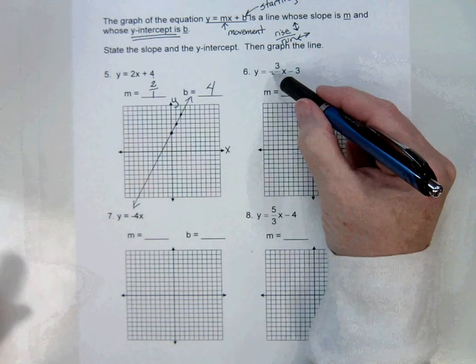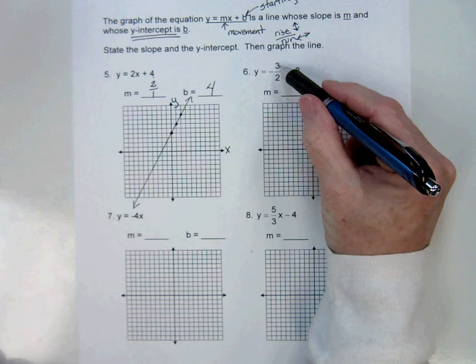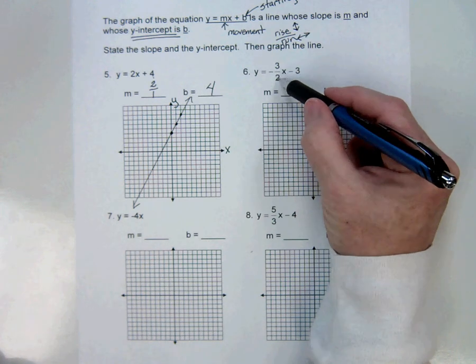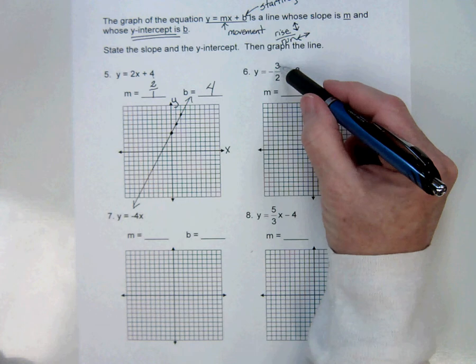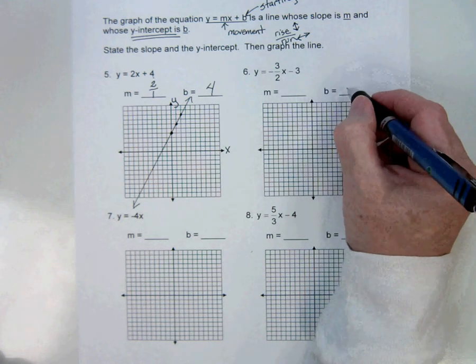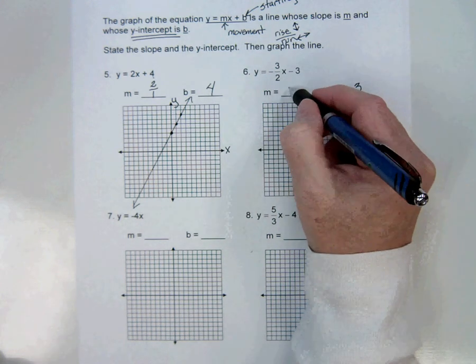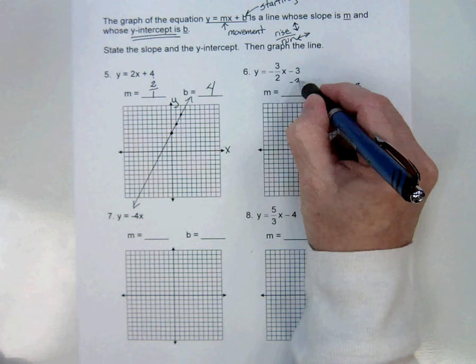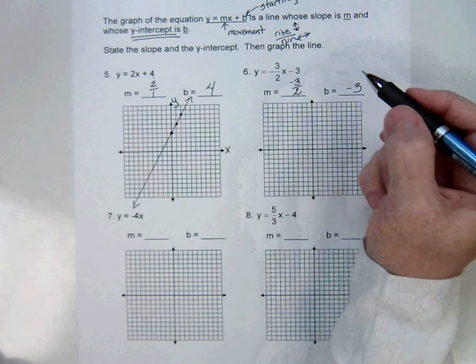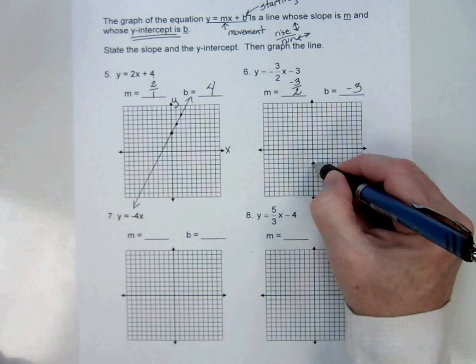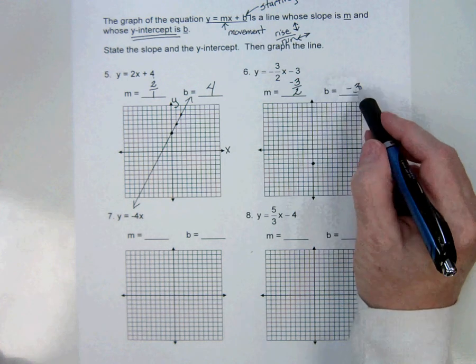Alright, so here make sure you assign this negative to either the top numerator or the denominator when making the movement. This is your b, negative 3. Your movement, your slope, is a negative 3 over 2. So starting at negative 3 on my y-intercept, the negative 3, not this negative 3, it's this negative 3.